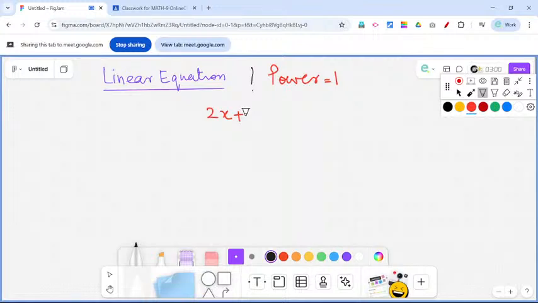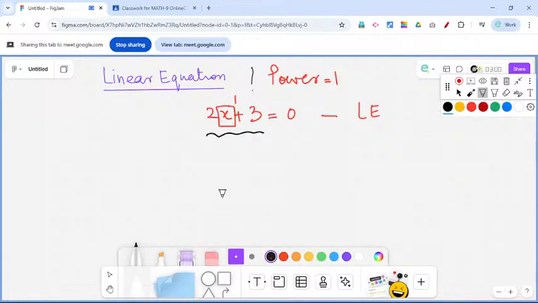This portion from here to here is a linear polynomial. If I rub this out, now it is only a linear polynomial, isn't it?